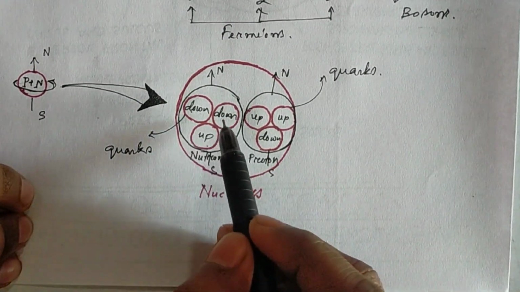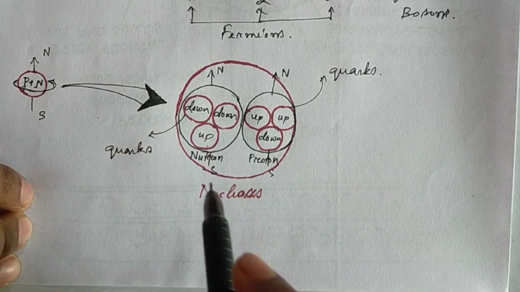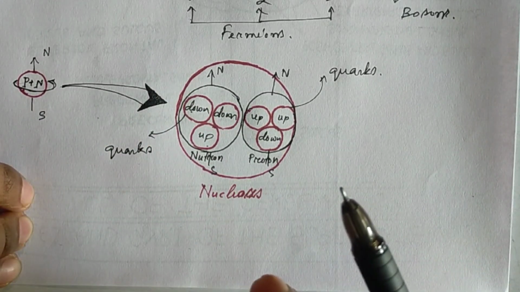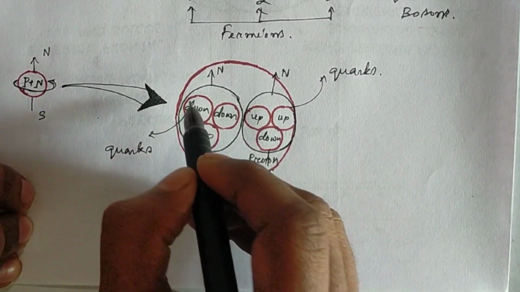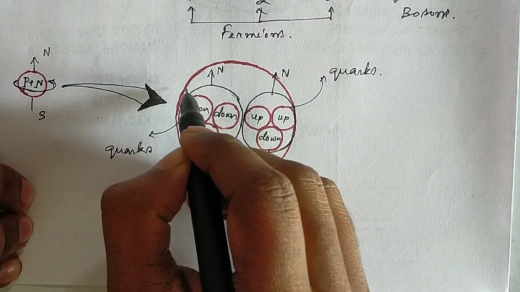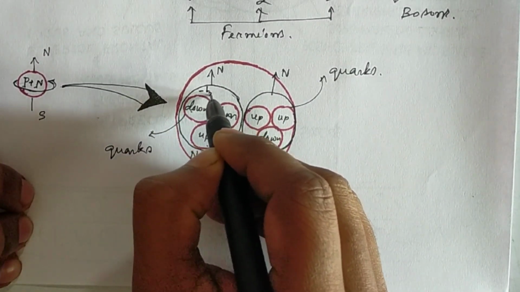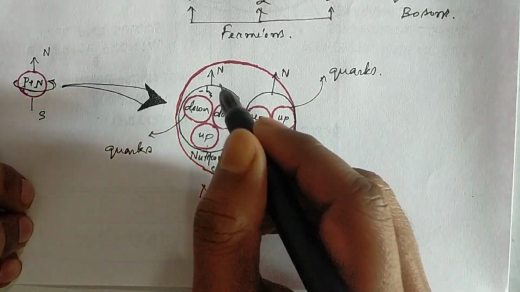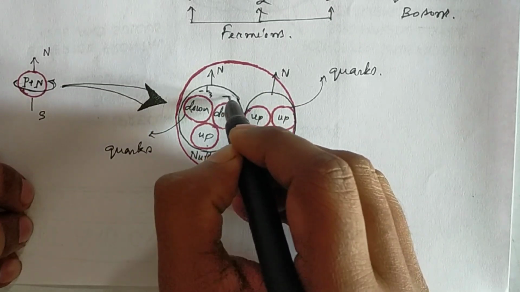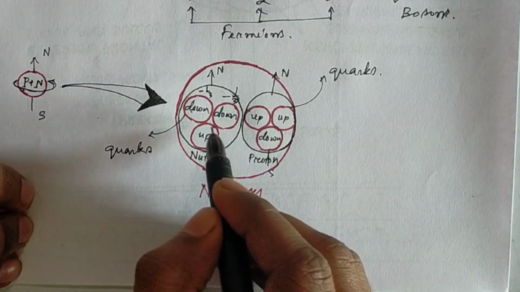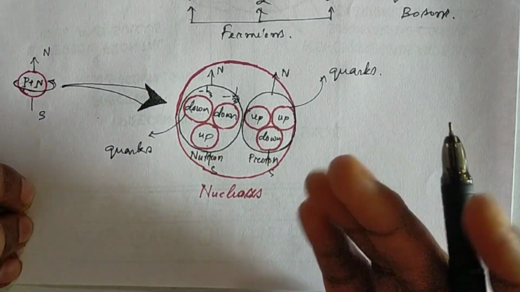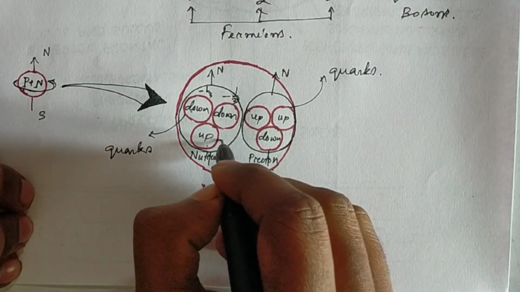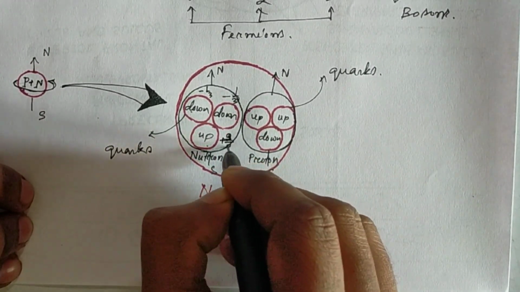Down quarks and up quarks have some charge. Down quarks have charge -1/3, and this down quark will also have charge -1/3. Up quarks always have charge +2/3.